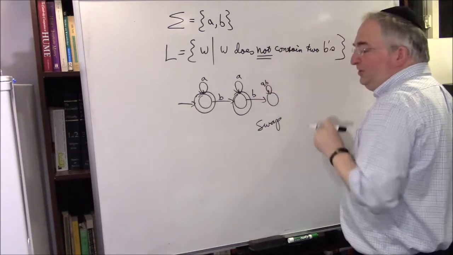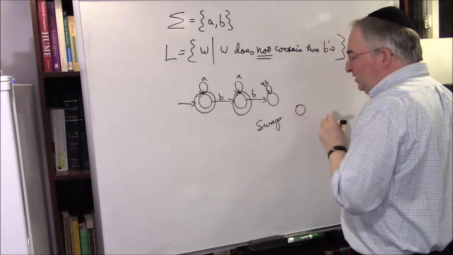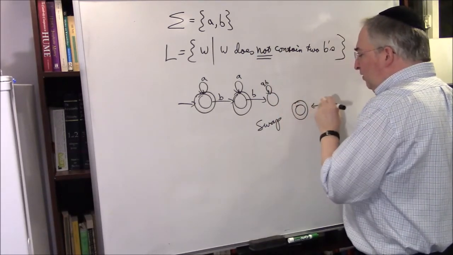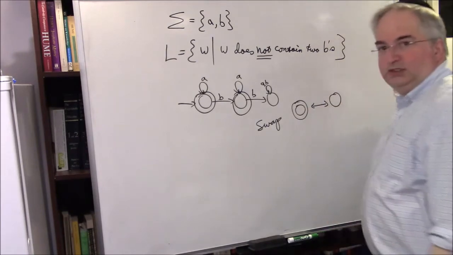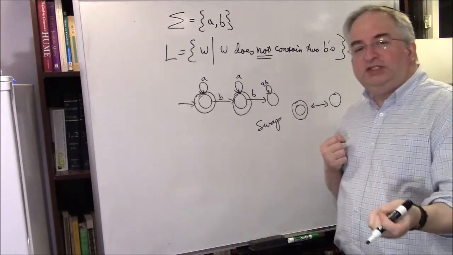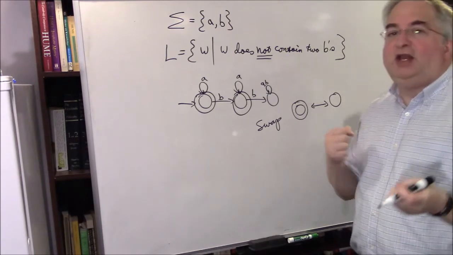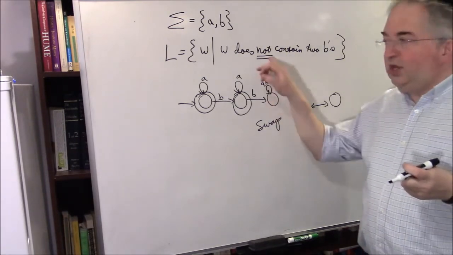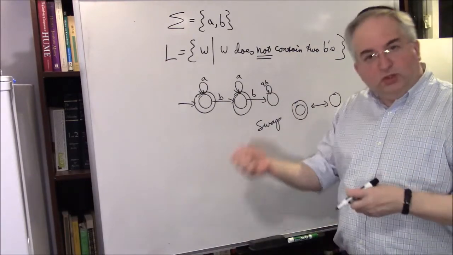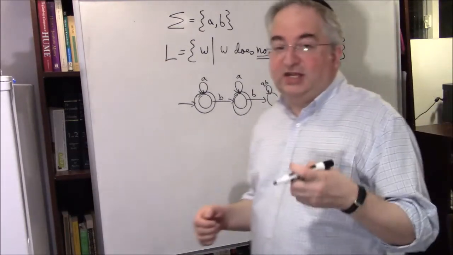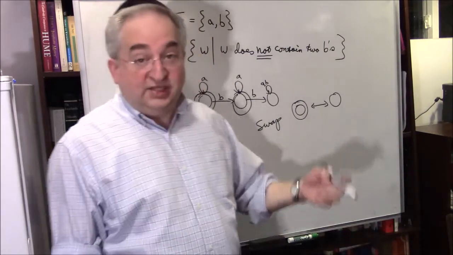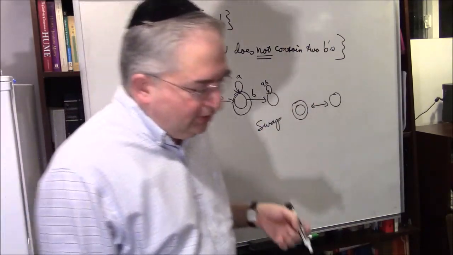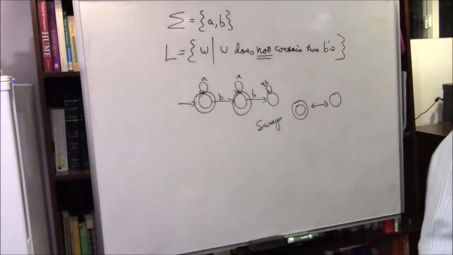To do the not, we swap accepting states for non-accepting states. The accepting states become non-accepting states. The non-accepting states become accepting states. Okay? And then you're going to get not. Because anything that landed in the non-accepting states does not have the requirement. So that's very good.